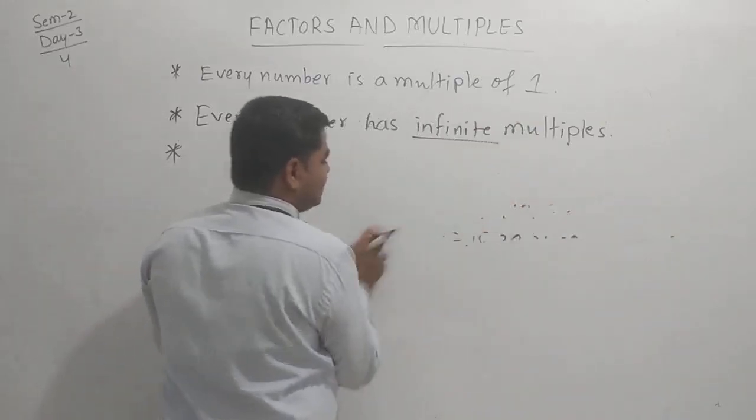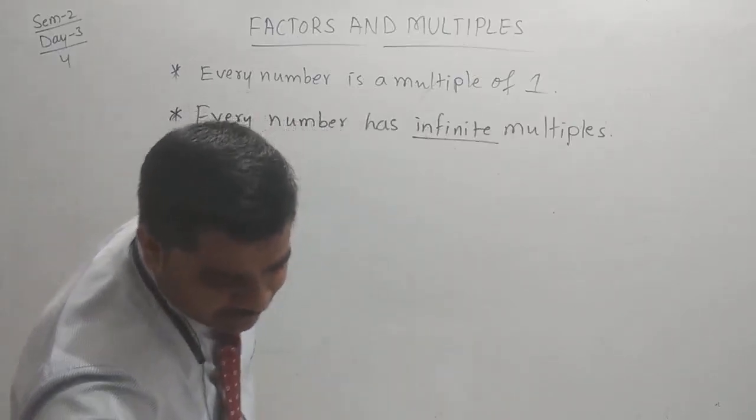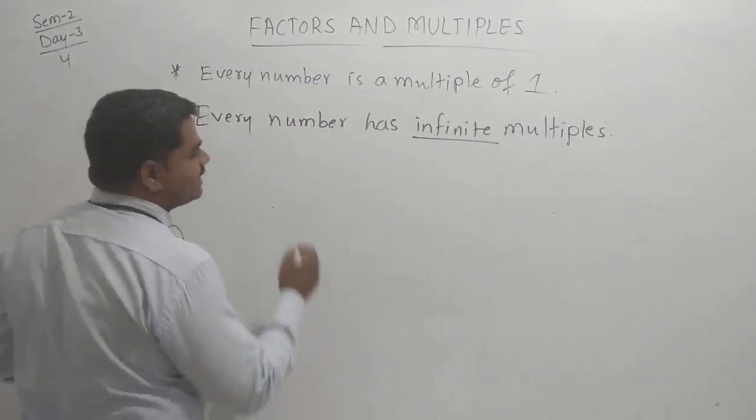These multiples arise in the tables of a number. That is, the multiples of any number can be obtained from its multiplication table.